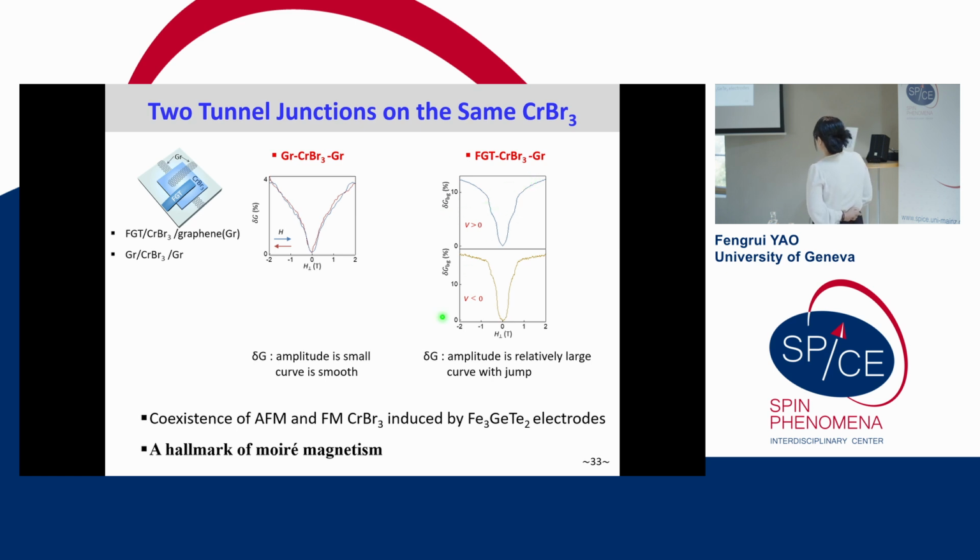So here we have clear evidence that FGT induces coexistence of antiferro and ferro, and this coexistence of antiferro and ferro is a strong indication of moiré magnetism.